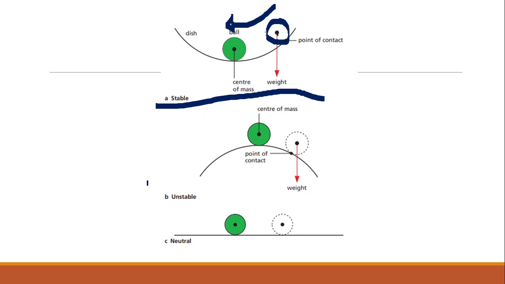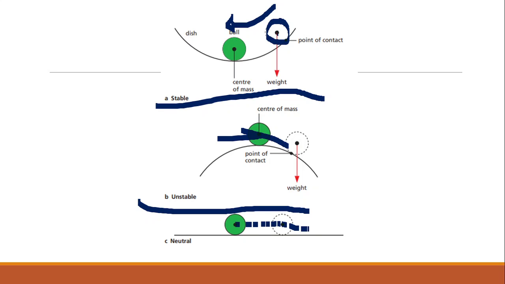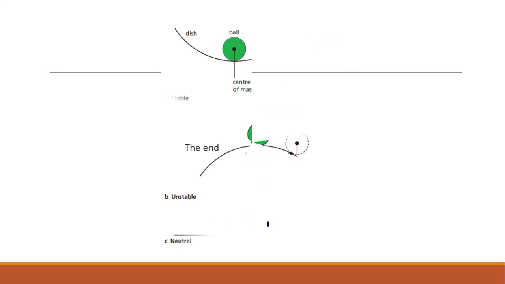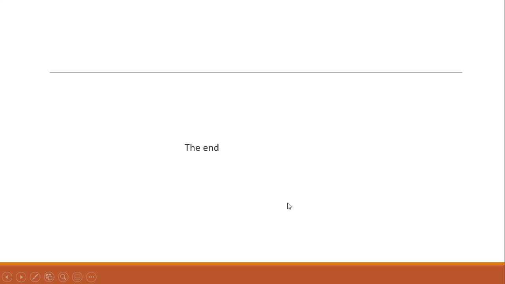This one is unstable equilibrium because if I push it like this, it goes downward and won't come back up to the original place. However, over here, I've moved my object, but its center of mass remains at the same level, at the same point on the ball. So that is how it is. This is it for now for this topic.